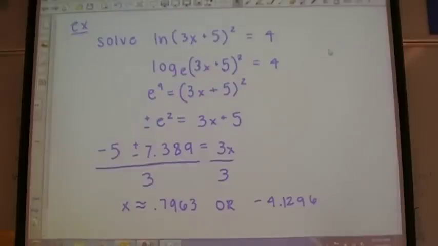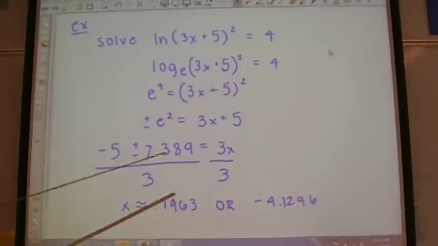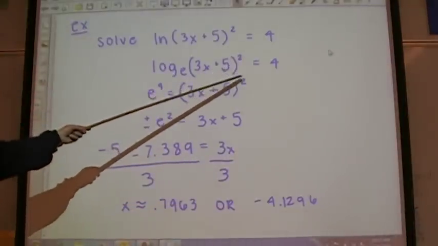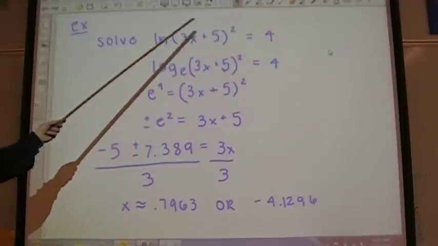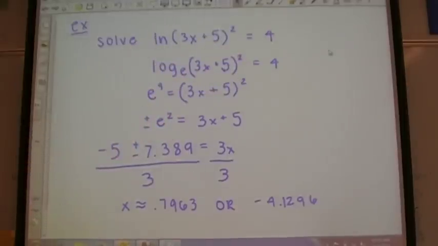Now, you got to be careful here. You don't want to use your power property here and bring the 2 in front. Whenever you solve these equations, you have to condense logarithms. You can't expand it. When you bring that 2 out using the power property, you're expanding. So don't bring the exponent out, because we'll miss one of the answers.